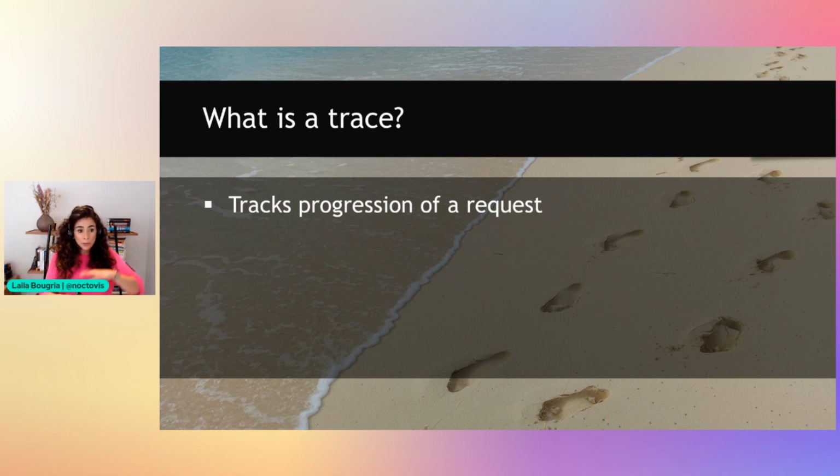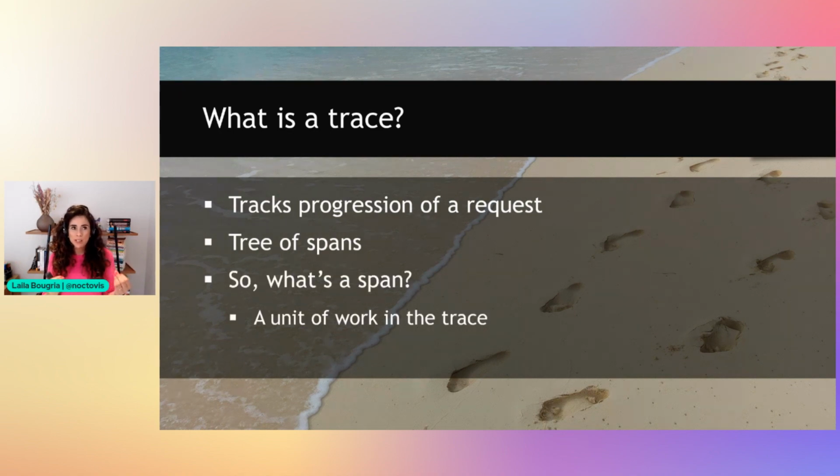Now, that request is going to traverse process and network and security boundaries. You can think of it as a tree of spans where each individual span represents a specific unit of work that is happening within that larger business transaction, within that trace.